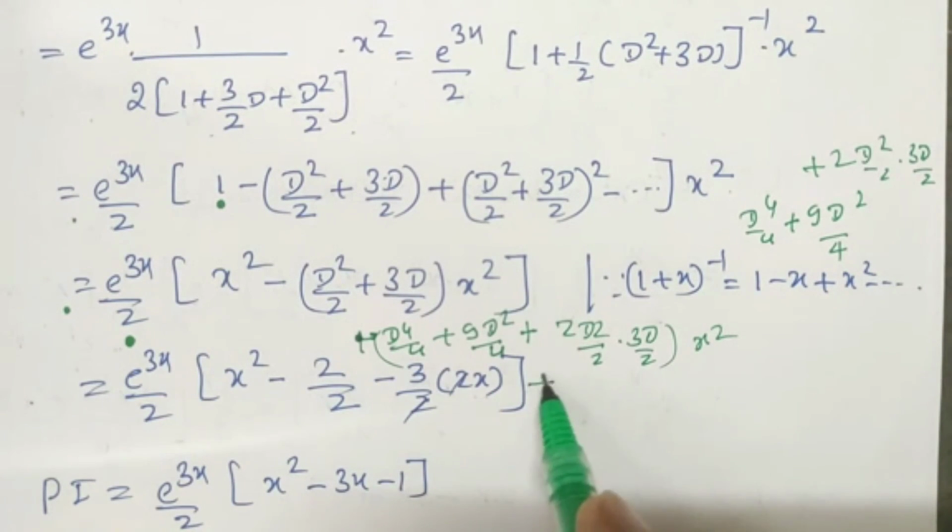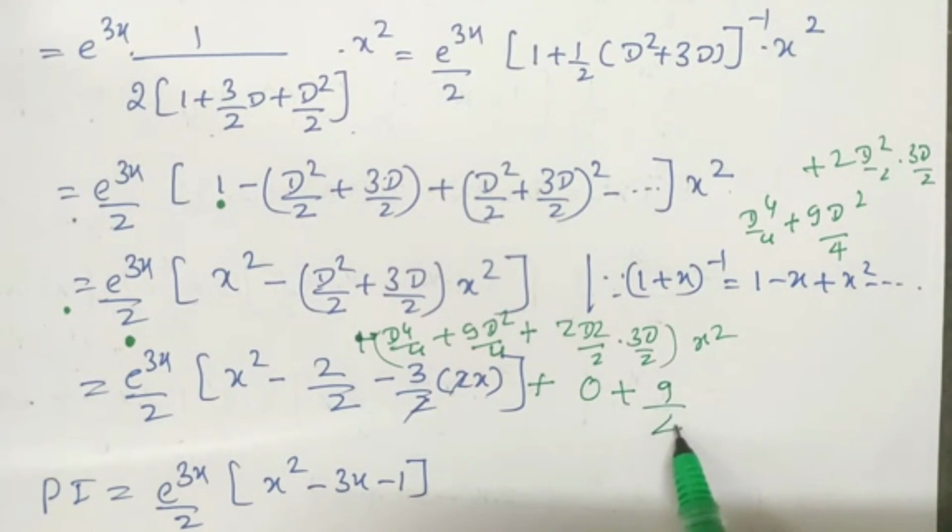And the fourth derivative of x² becomes 0, then plus 9/4. The second derivative of x² is 2, and the third derivative becomes 0. So now it is 3 e^(3x)/2 [x², 2 gets cancelled, it is minus 1, and minus 3x, and here 2 twos are 4, it is 9/2. This is plus 9/2. One more time we will get plus 9/2.